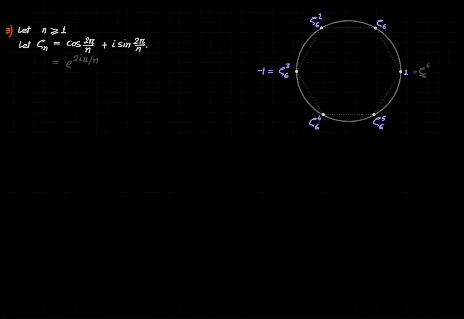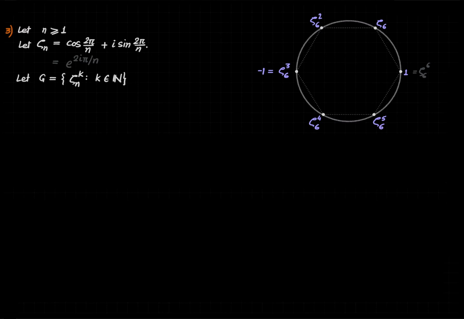So where is the group? What is the group, etc.? Well, let G be equal to all powers of zeta n. You could write an integer, but you could also just write natural numbers and nothing is going to change. So this is our definition of the set G. Note that this is a finite set.